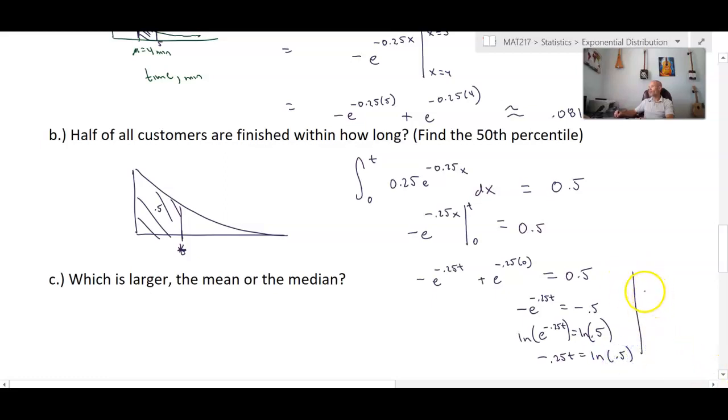And then finally we can just say t is the natural log of 0.5 divided by negative 0.25. So the natural log of 0.5 divided by negative 0.25 gives us about 2.77 minutes. So that means that 50%, half of all customers, will be done in under 2.77 minutes.